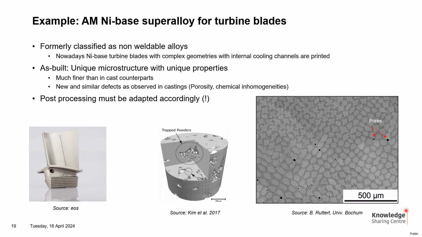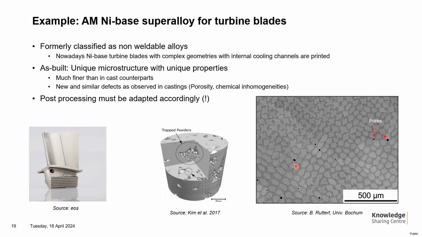After printing, lack of fusion porosity, cracks, trapped powder particles and porosity can be found in the microstructure. Here we have the 2D SEM micrograph and also again the black dots are porosity, but much finer now as in the cast parts that we have seen in the beginning.